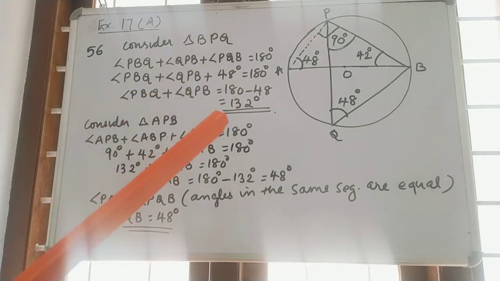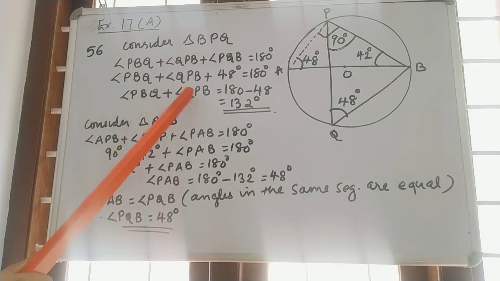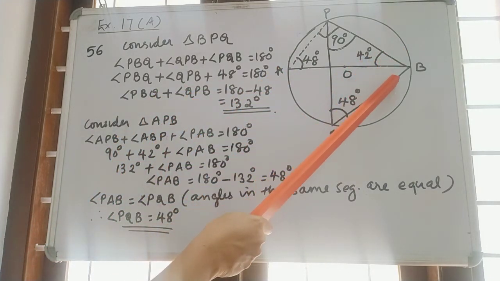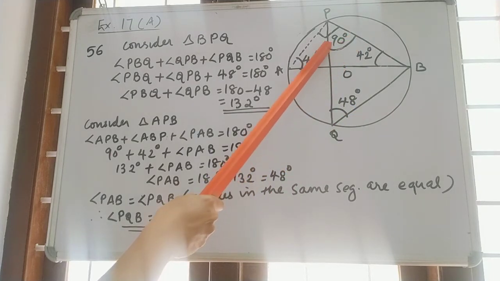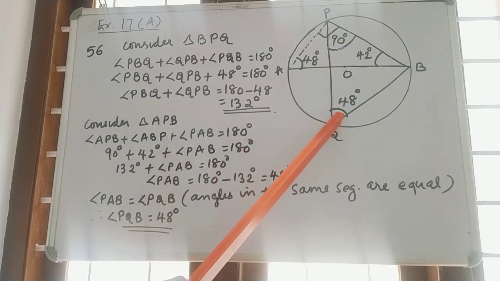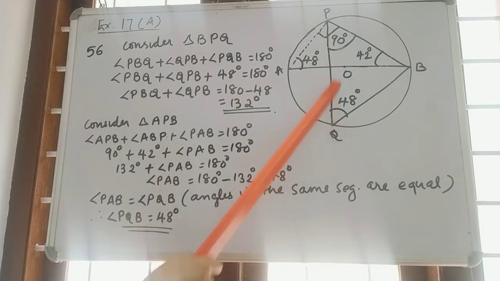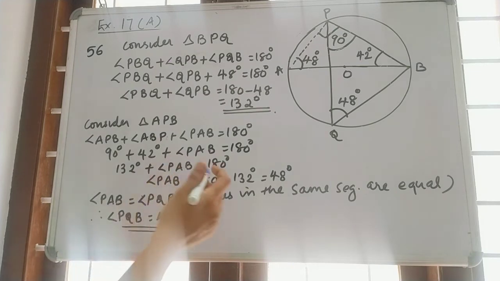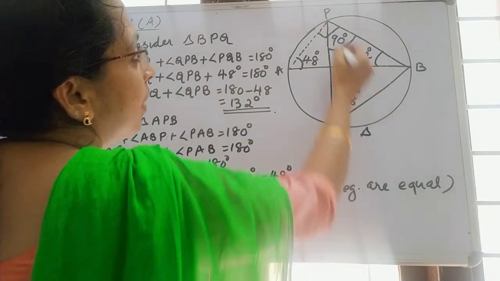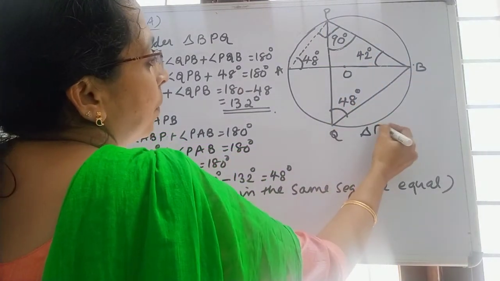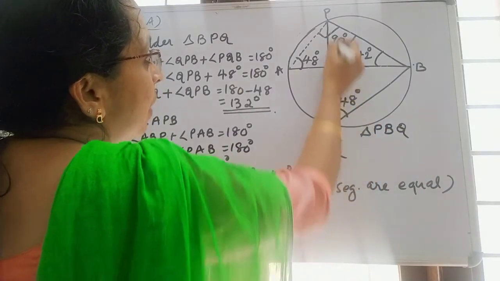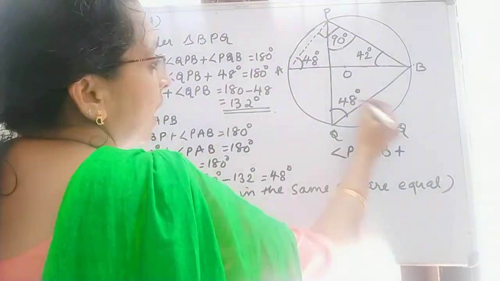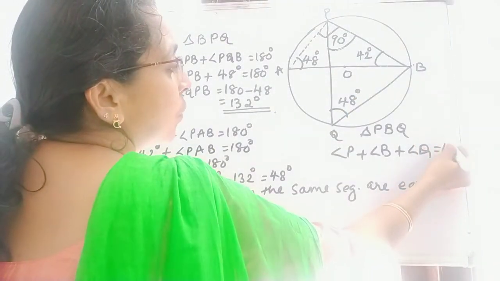So we want to calculate PBQ plus QPB. That is, value of B plus P we want to find out. That is easy, no? We got the value of Q as 48. So sum of angles of a triangle is 180 degree, means angle P plus angle B plus angle Q is equal to 180 degree.